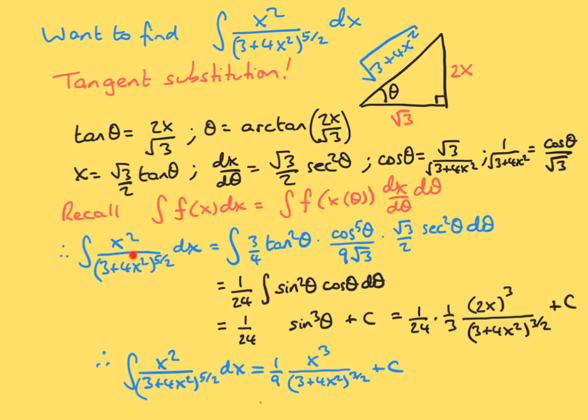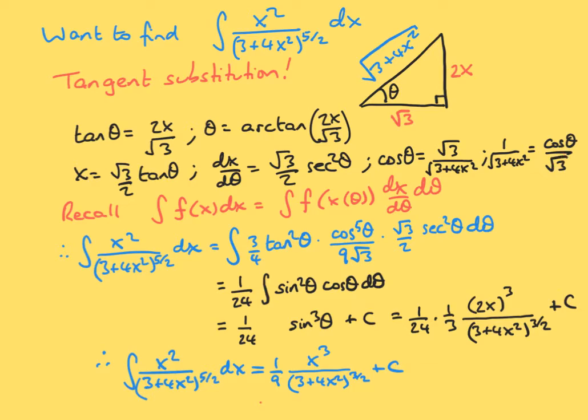We have x squared in the numerator. X is root 3 over 2 times tan theta. X squared is therefore going to be 3 over 4 times tan squared theta. I've written that here. This is multiplied by 1 over this square root to the 5 halves. Now, 1 over the square root is the cosine of theta over root 3.